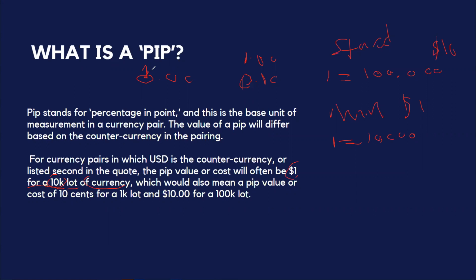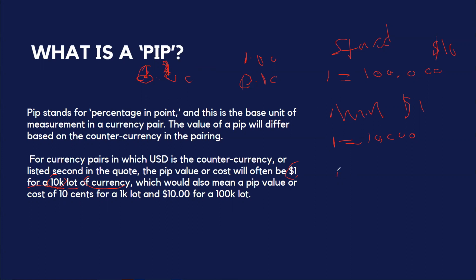In units, it is 200,000. If you put 0.1 or 0.2, you'll be making $2 per pip. In currencies, putting 0.2, a mini lot size, is equal to 20,000 units of currency. That's what it means. I'm sure it is now making sense.